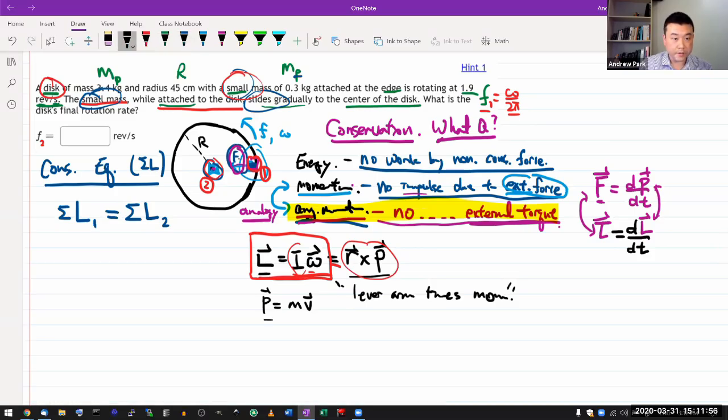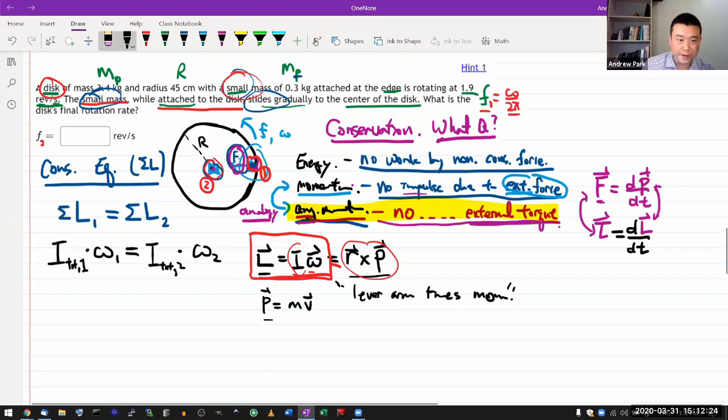Let me deal with the total rotational inertia. In snapshot 1, the total rotational inertia at snapshot 1 times the angular velocity at snapshot 1 is equal to the total rotational inertia in snapshot 2 times the angular velocity in snapshot 2.